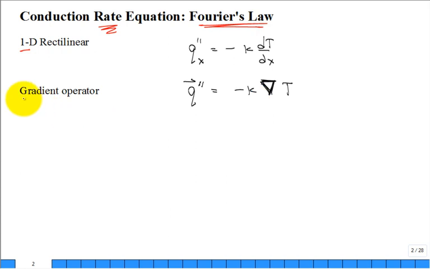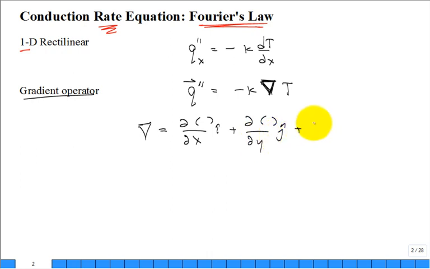The gradient operator in our favorite coordinate system, the Cartesian or rectilinear coordinate system, is the partial of give me something with respect to x in the i, plus the partial of give me something with respect to y in the j, and the partial of give me something with respect to z in the k.